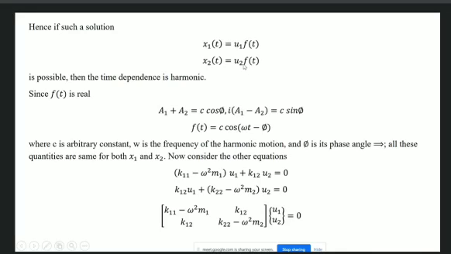And then if I substitute in this equation, we will get this form: (k11 minus omega square m1) into u1 plus k12 into u2, plus k12 u1 plus (k22 minus omega square m2) into u2. And on the right hand side, the terms are 0.